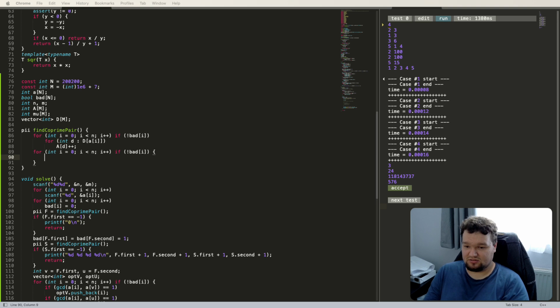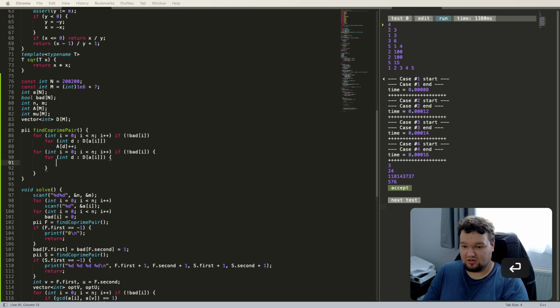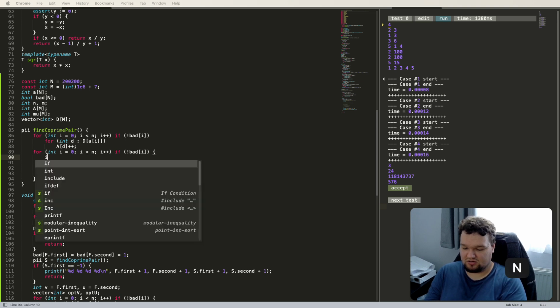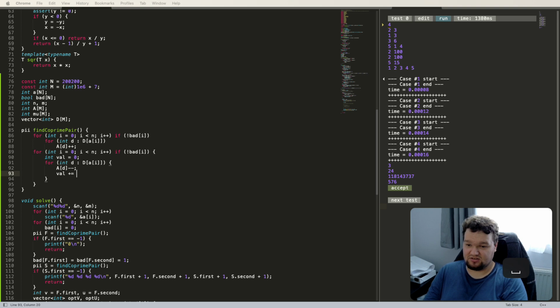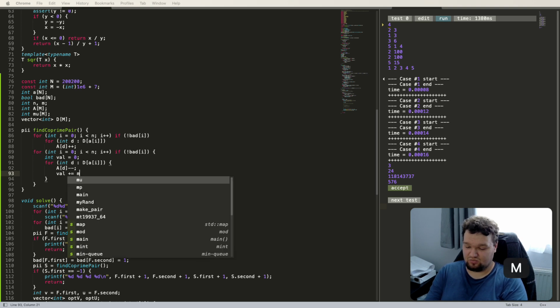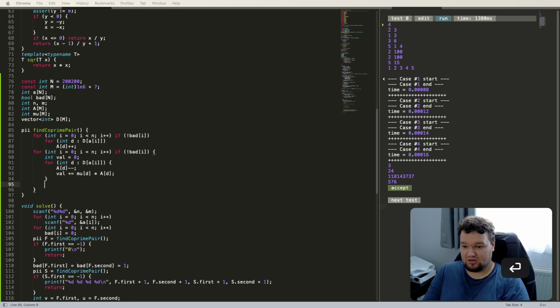Not bad. Run through all the divisors, decrement, and then add to val mu of d multiplied by a of d. If val is 0, continue.